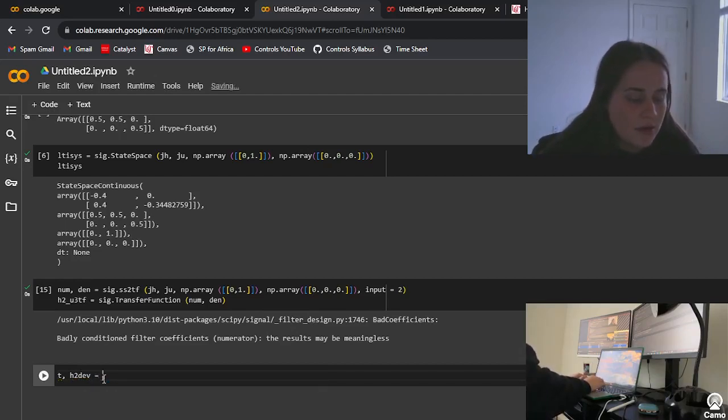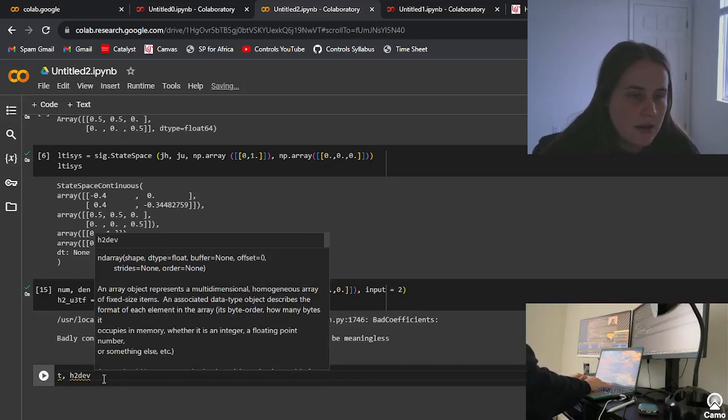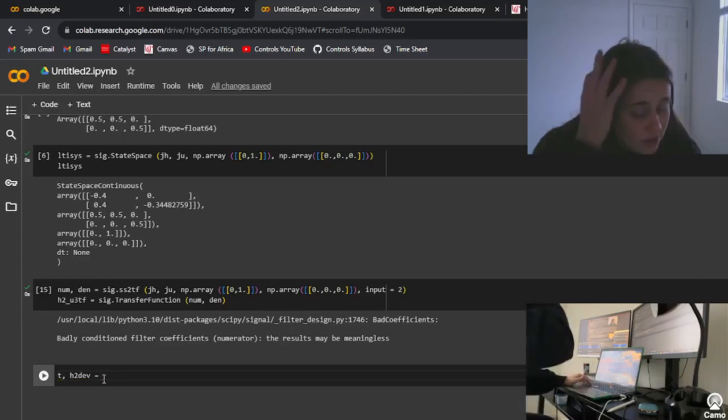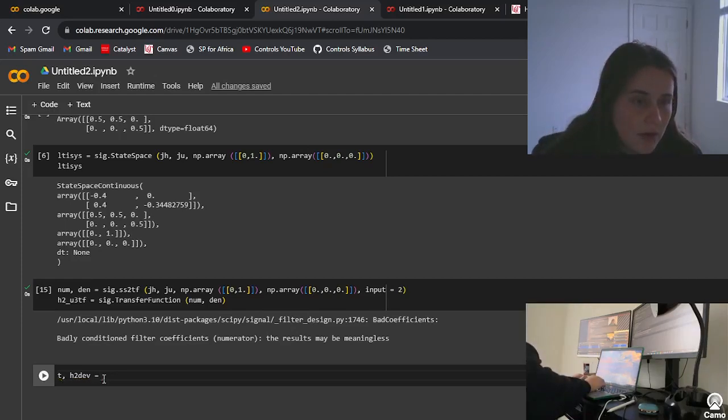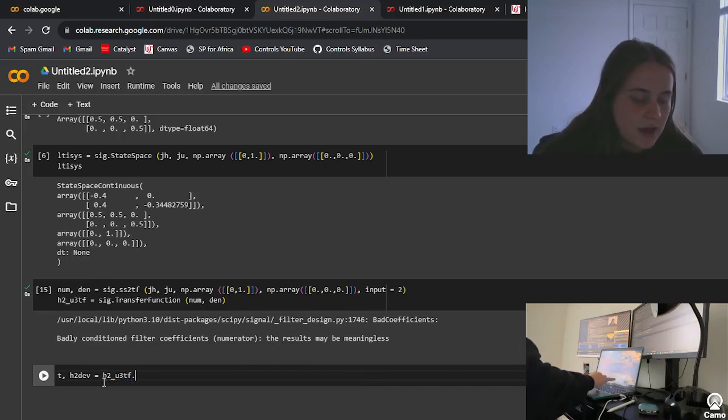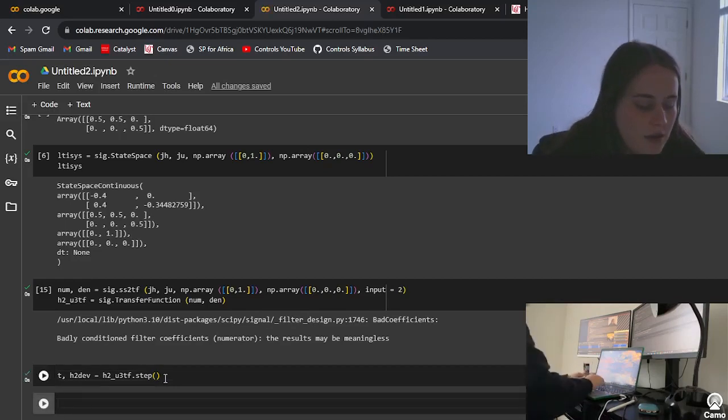And this is equal to h2u3_tf.step, because it's a step function. And then we'll do our simple figs like we did before.